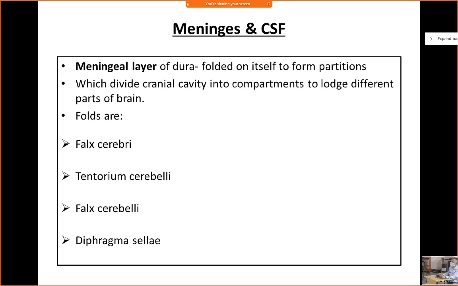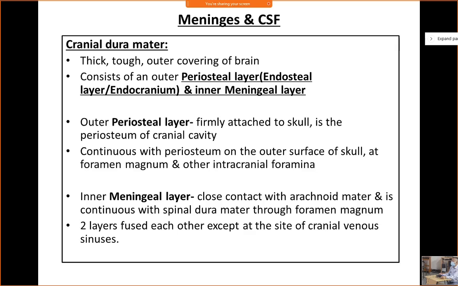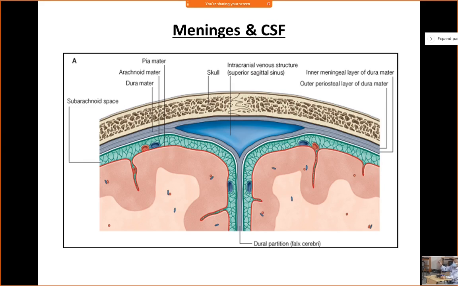Now the meningeal layer. The meningeal layer of the dura folds on itself to form some partitions. Here you see these two cerebral hemispheres, one on the right side and one on the left side, and these two cerebral hemispheres are separated by a fissure, by a gap.